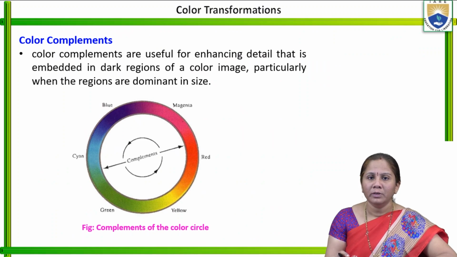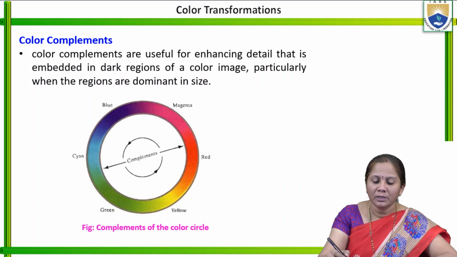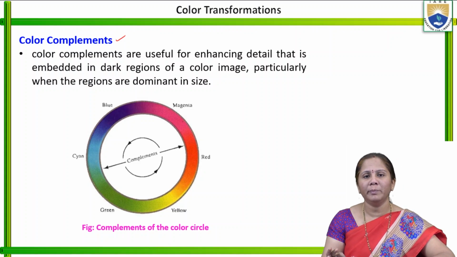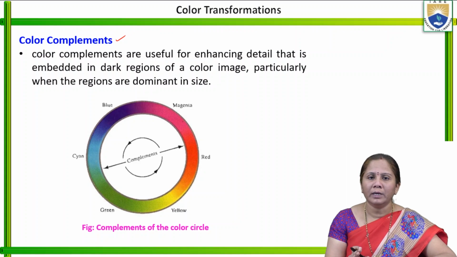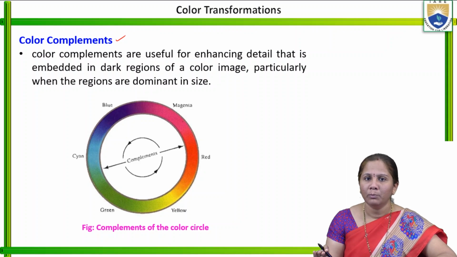That is about the formulation. Next, coming to the second concept, which is color complements. Color complement means, instead of one color, what color we are going to substitute. We can substitute the color in the input image so that the output image will be modified.